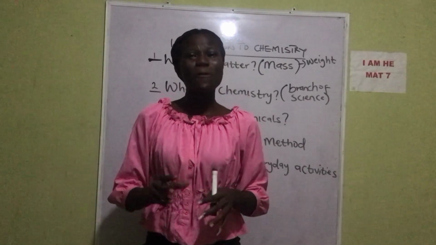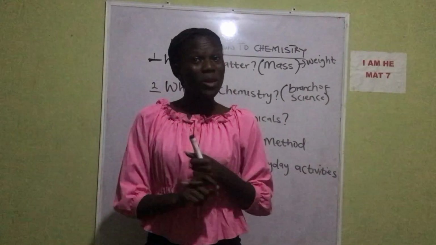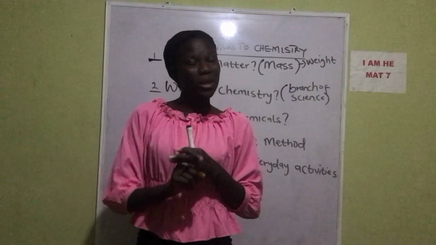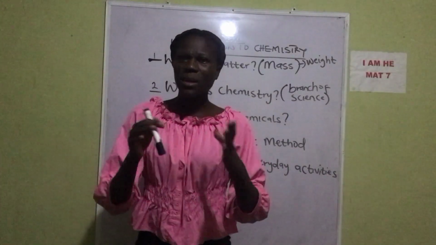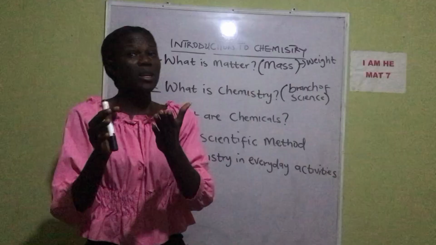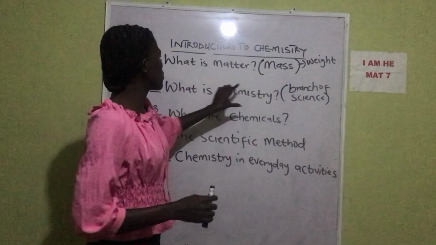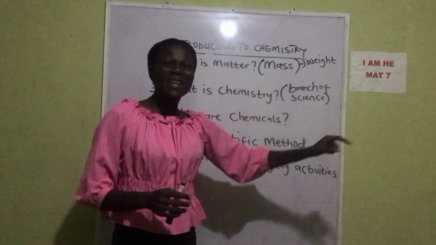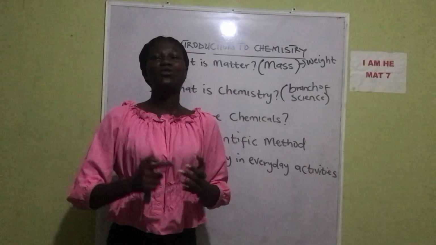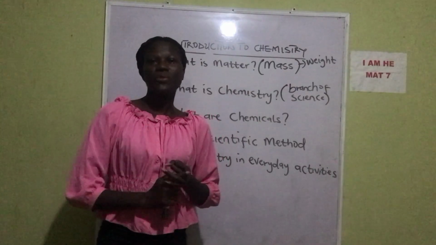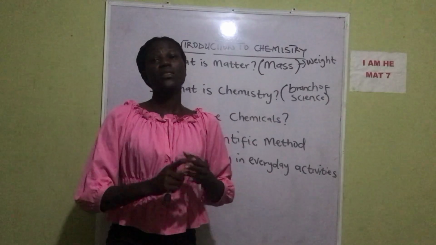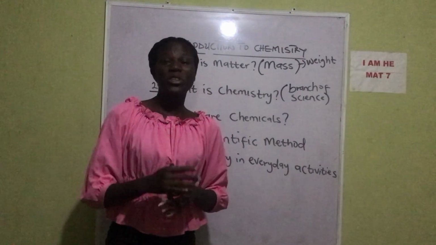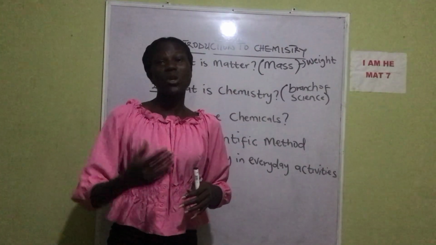It deals with the study of matter, its structure, its composition, its components, and the changes it undergoes. This is how we define chemistry, okay? It is a branch of science that deals with the structure, the composition, and the changes that matter undergoes, okay?